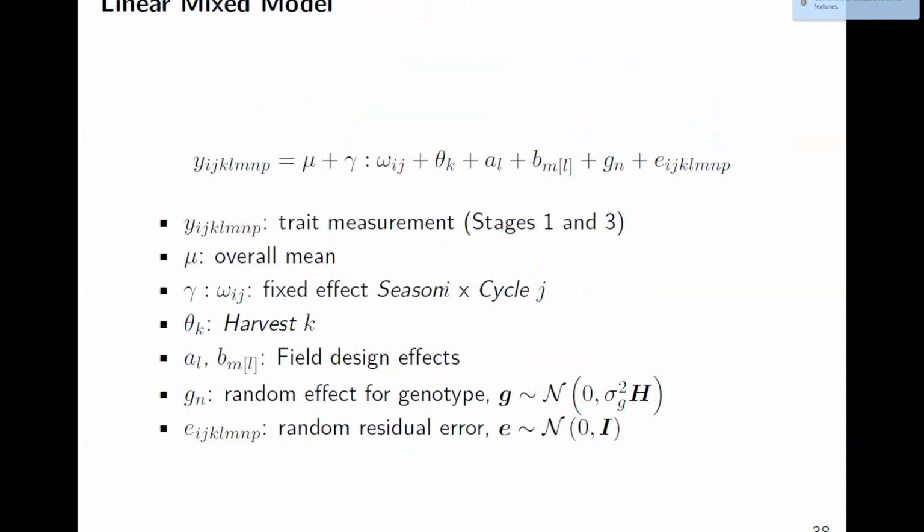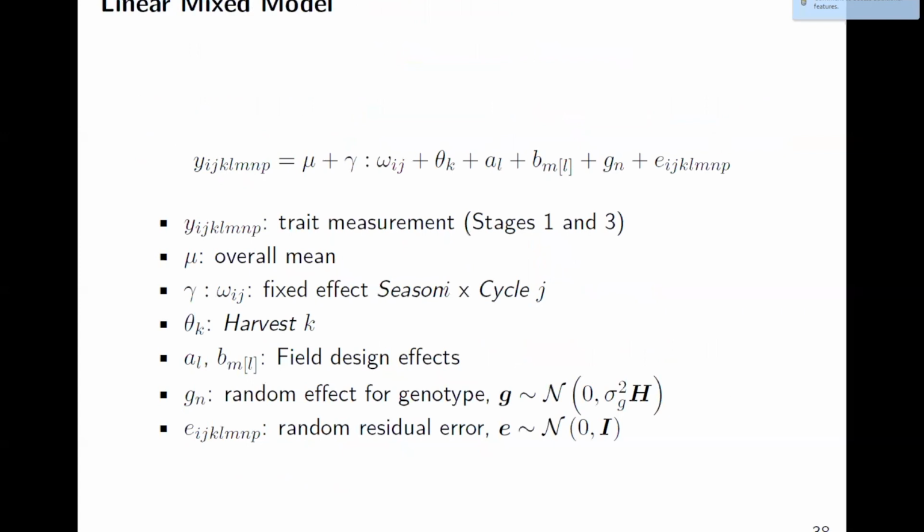So here's my linear mixed model. There's a bunch of letters here, but what I want to focus on is the term G, which is the random effect for the genotype. And this random effect will use this H matrix that I'm talking about. Actually, sometimes I'm going to use the H matrix, sometimes I'm going to use the pedigree matrix.